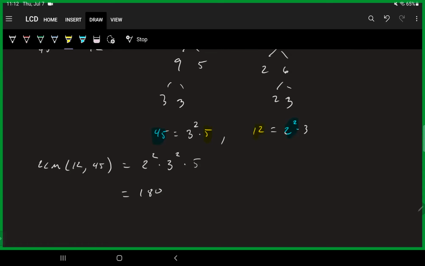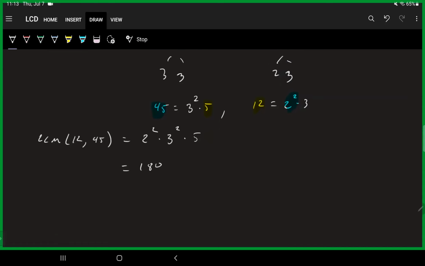And what else is missing? Oh, and 12 is also missing a 3. So I have a 3 squared here, but I only have a 3 here. So, all right, let's go build our numbers here.